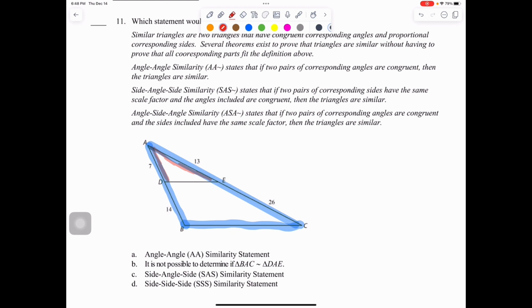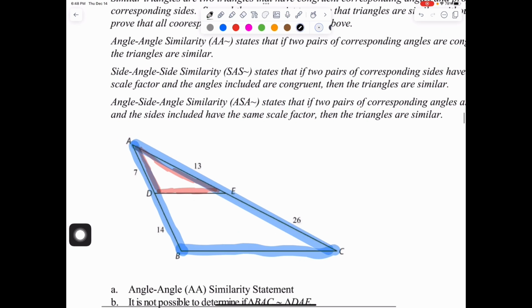All right, so because of the side splitter we have a smaller triangle within the larger triangle. And what do we know about that? Exactly. They both share this angle of A. So there's already a congruent pair of angles.